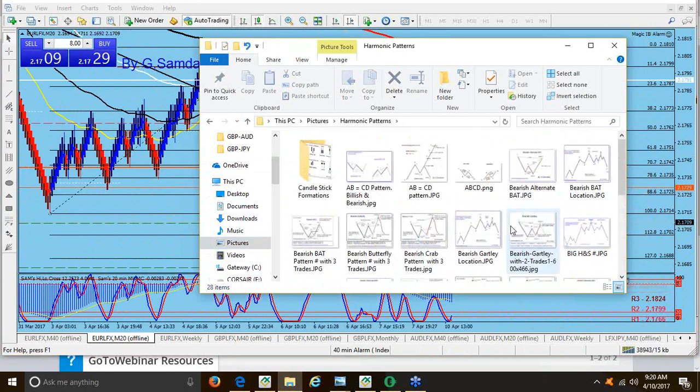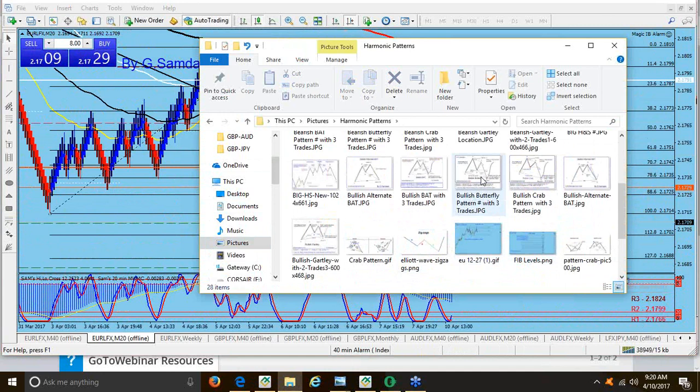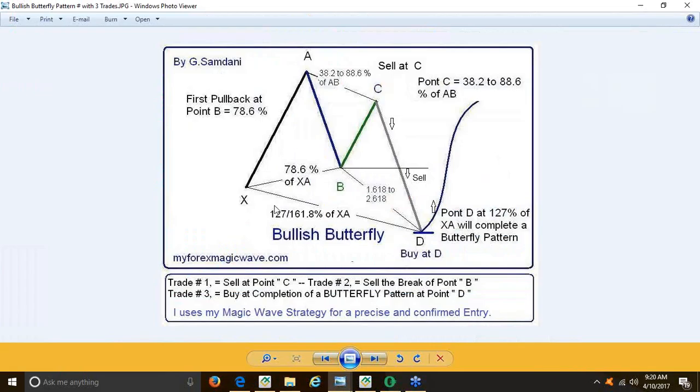All right, right here. Ending butterfly, which is going to be a bullish butterfly. Now, see, this is XA, then B. If it is 78%, then it's the B point for a butterfly. If it is 61%, it most likely makes a different pattern, a different calculation.